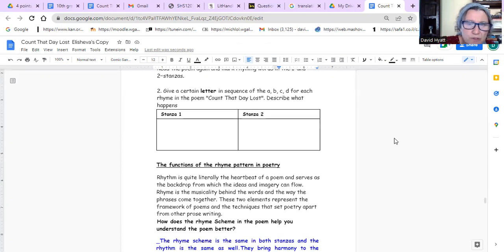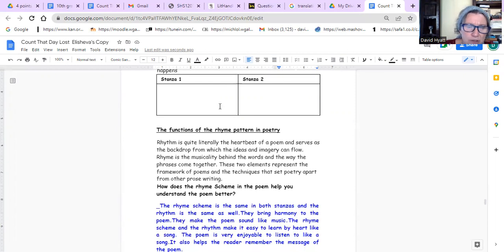Now, two, give a certain letter in sequence of the ABC for each rhyme in the poem. Count that day lost. Describe what happens. Okay. So you're going to have A, B, C, D, E, F, G, each time there's a change in the rhyme.